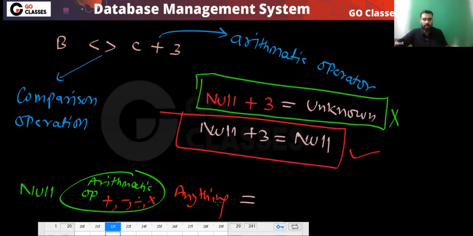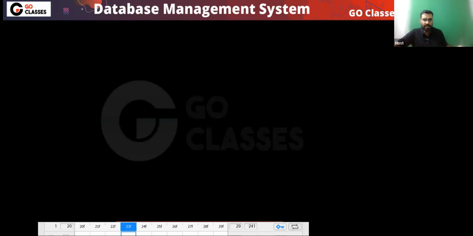Null arithmetic operation with anything, here you can put null or not null, whatever you put. So null arithmetic operation anything is null. And what about null comparison with anything?